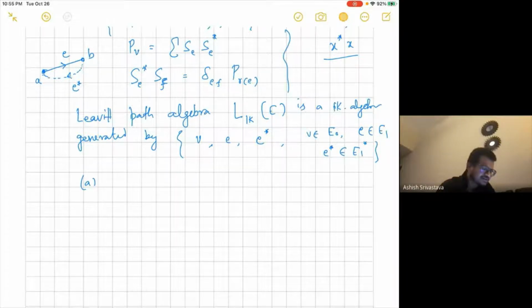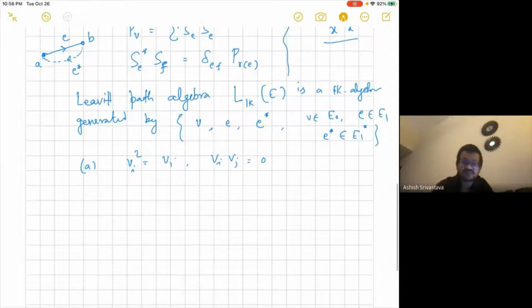The conditions are that these vertices are orthogonal idempotents, in the sense that Vi squared is Vi, and if you take Vi Vj with i different from j, then this is 0. So vertices form an orthogonal family of idempotents. If you take an edge, you multiply with the source, you get E back, and the same with the range.